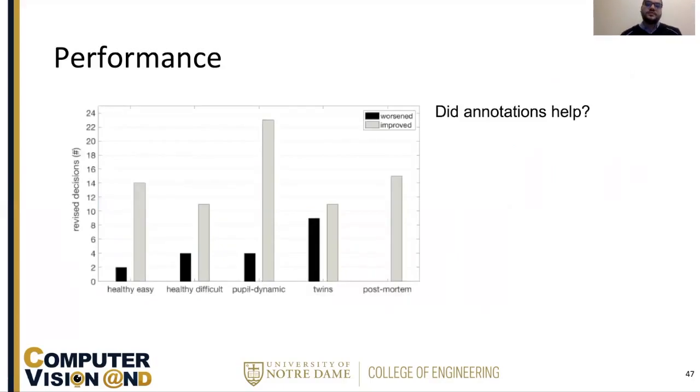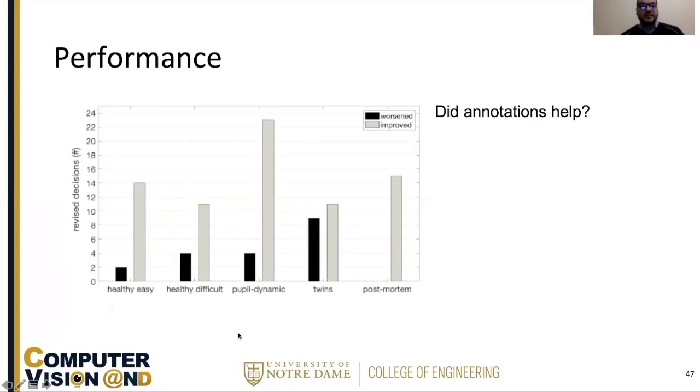Here is the report of how many times, for each one of the categories in the dataset, after doing annotations, people changed their mind. In black, how many times they worsened their answer, so they were right and changed their answer to wrong. And in gray, how many times they were wrong in the first session and changed their mind to the correct answer.